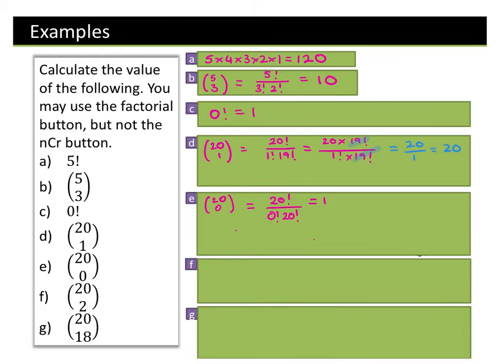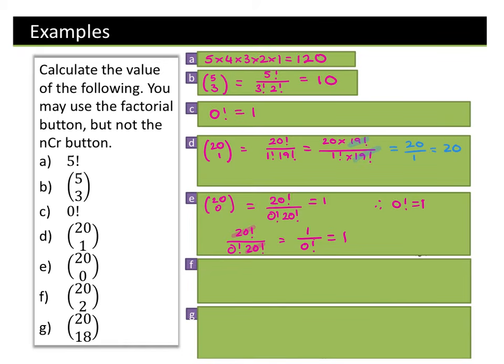We know that 20 factorial over 0 factorial times 20 factorial, the 20 factorial is going to cancel. So we're essentially going to be left with 1 over 0 factorial. Needs to equal 1. So therefore, it stands to reason that 0 factorial must equal 1.